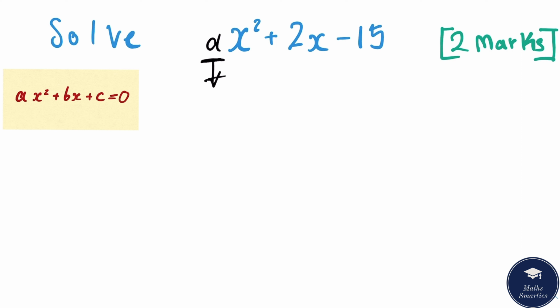Now, when I mean factorizing when a equals 1, meaning this is 1, this is foundation level. When it becomes 2, it is higher tier level, okay? Higher tier, sorry.